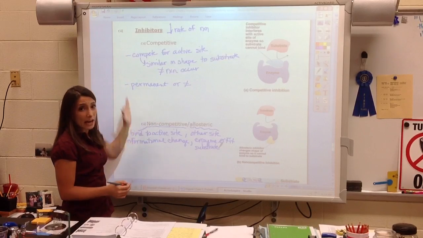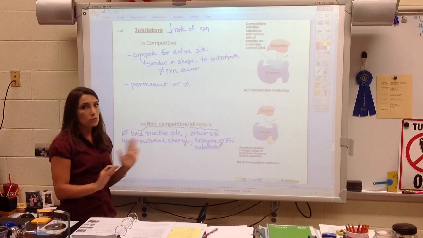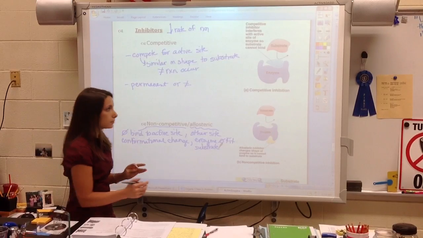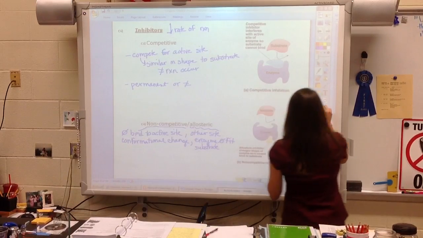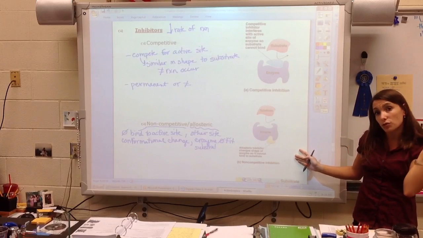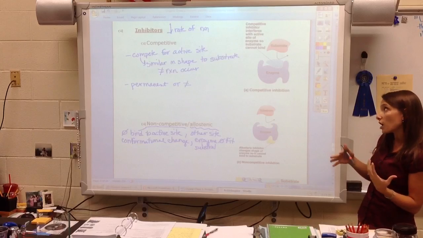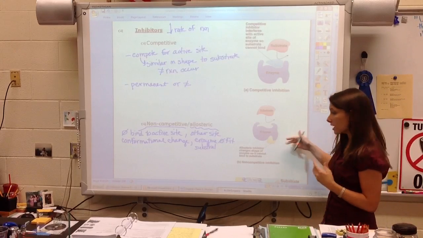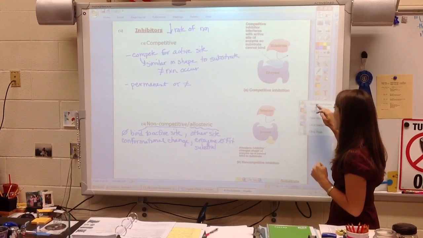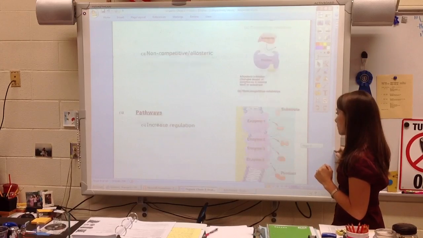Again, these are ways to communicate to an enzyme, do this reaction, or don't do this reaction. Sometimes the body is using this on purpose. This is also a great way for pharmaceutical companies to target certain reactions. If they can develop a drug that will inhibit an enzyme, then they can actually control whether a reaction is happening or not.